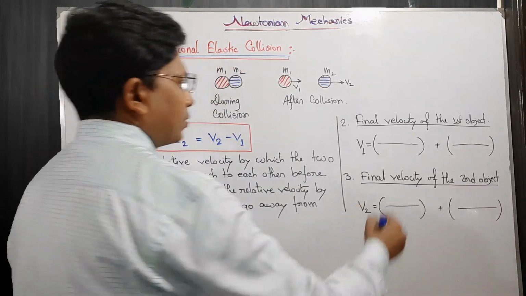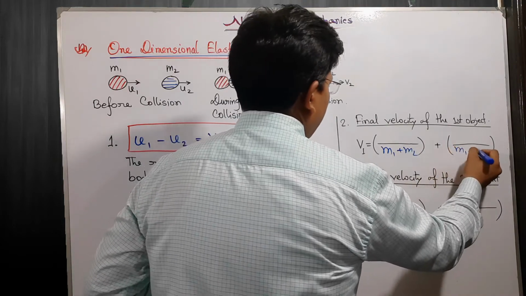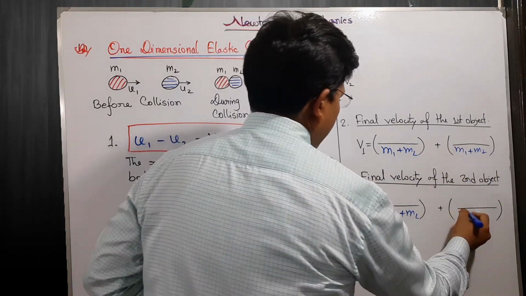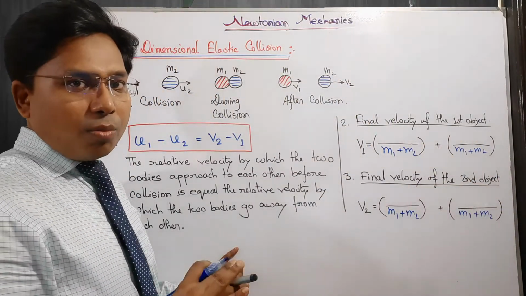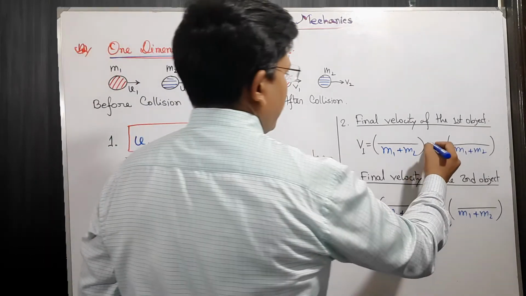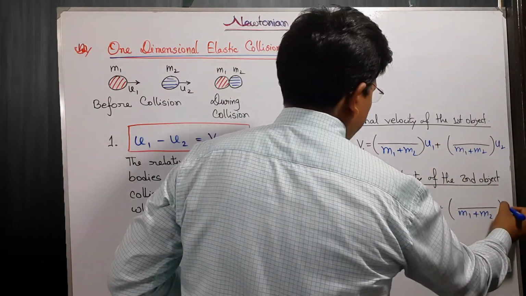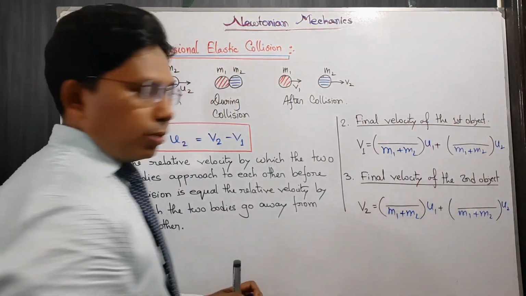Here we put m1 plus m2, m1 plus m2, m1 plus m2, m1 plus m2. Everywhere they are common, m1 plus m2. Here u1, u2. These two things are very common.